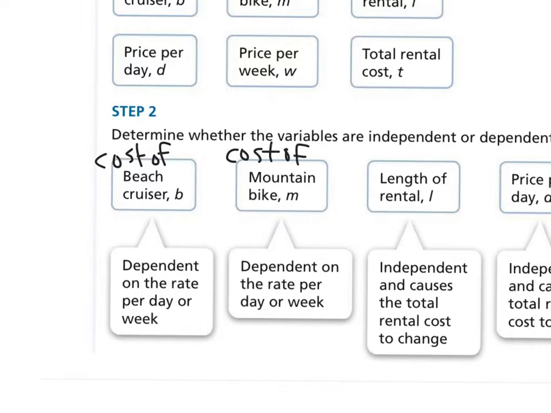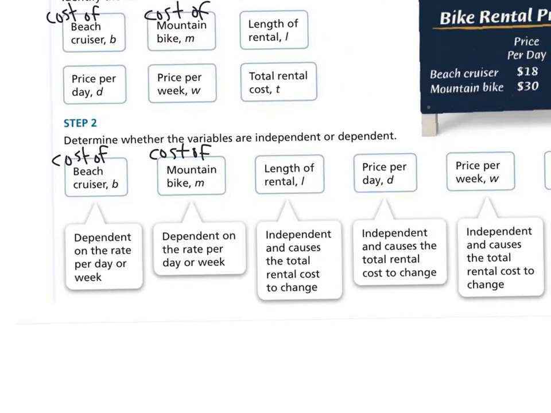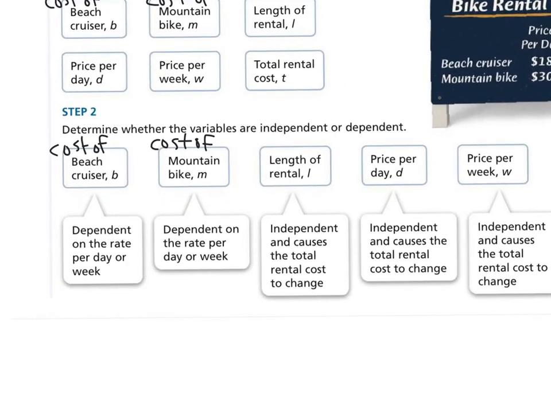It's dependent on how much the rate is per day or week. The length of the rental is independent, and it causes the total rental cost to change. The price per day is independent, and it causes the total rental cost to change. And the price per week is independent and causes the total rental cost to change.